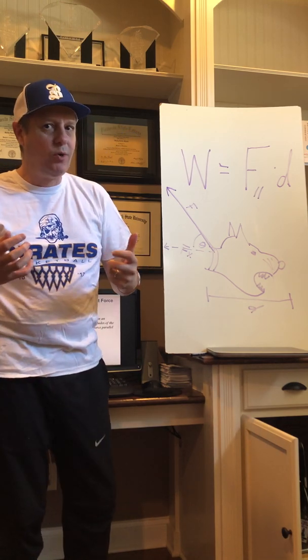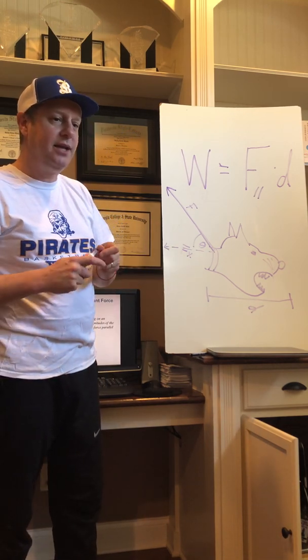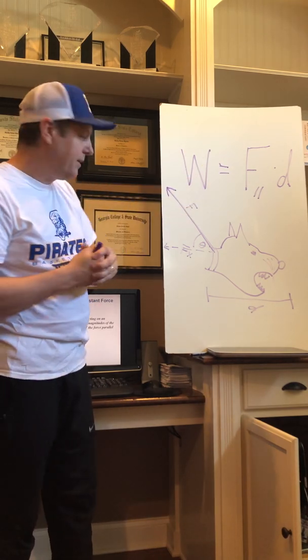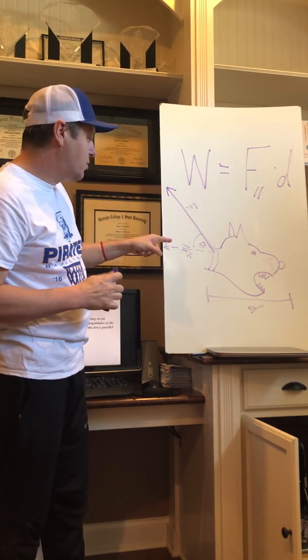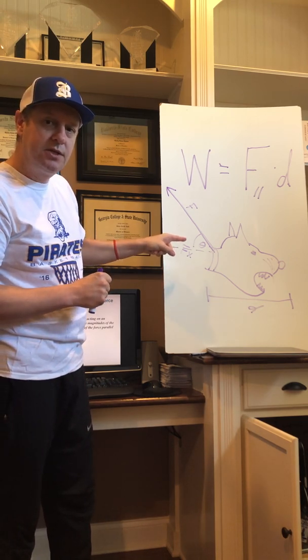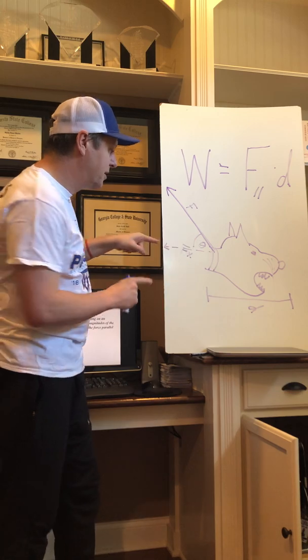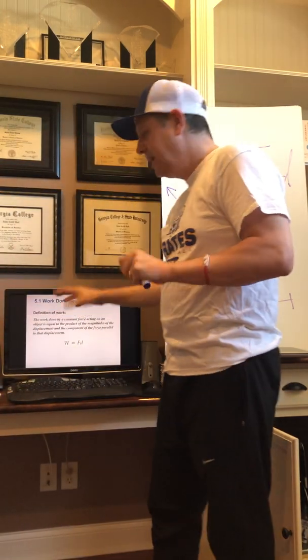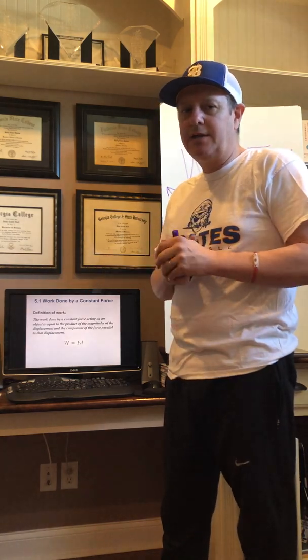Now, it may play a role in the friction if we get to that later on in this unit with another video maybe, but we won't worry about that yet. So there may be times where you need to resolve a force into components to find the component that is parallel to the displacement. And that's what your notes say. It was kind of wordy, like I said, but I told you I'd explain it.